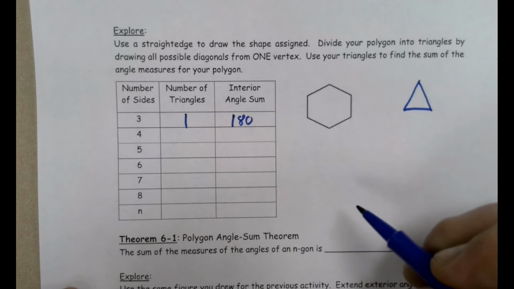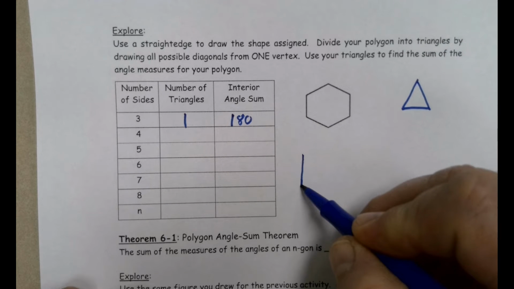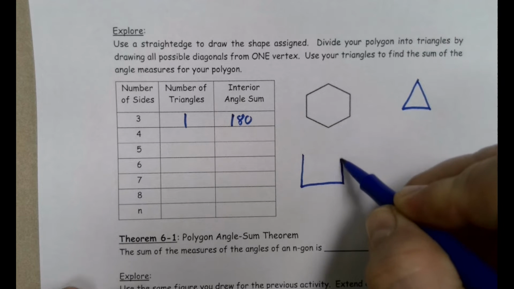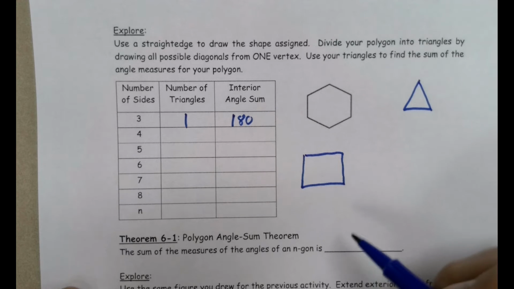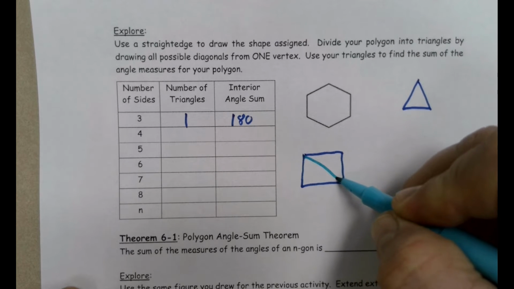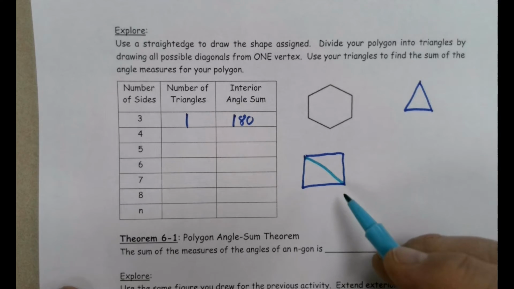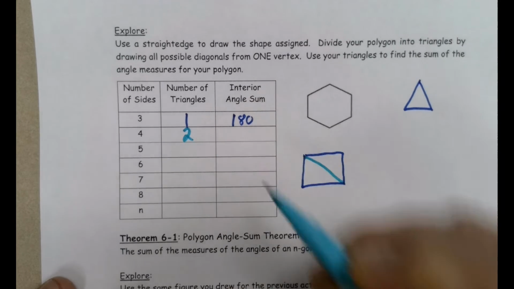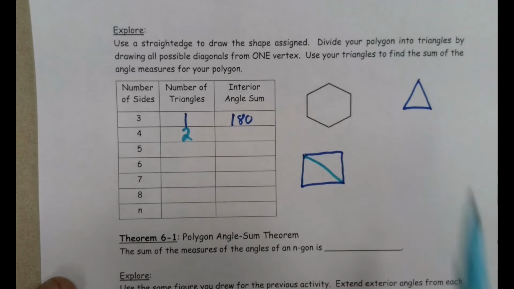If I go with a quadrilateral, I'm going to draw one diagonal, and from that I can see that I have two triangles, 1, 2.